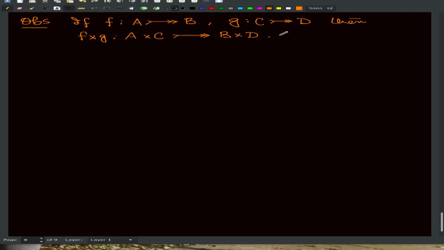Suppose F and G, then, and, why is it so? What's the proof? Proof is immediate.